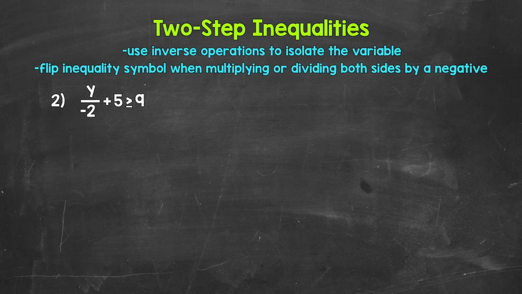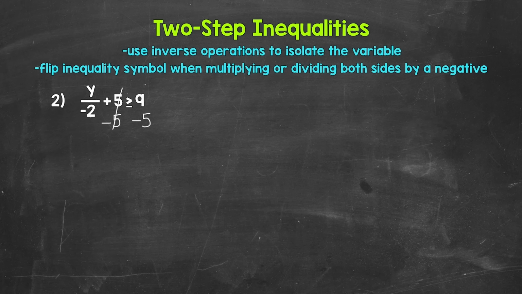So we need to undo the addition first and then the division here. The inverse operation of addition is subtraction. So let's subtract 5 from the left side of the inequality. Whatever we do to one side of an inequality, we must do to the other in order to keep it balanced. So subtract 5 from the right side as well.